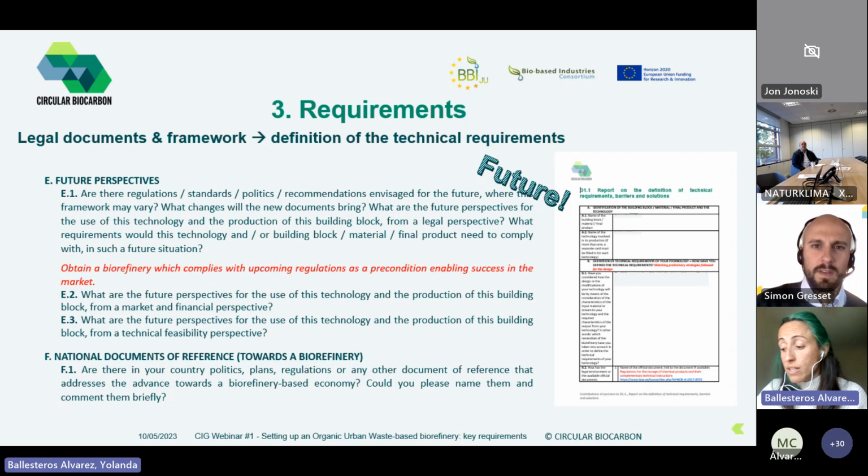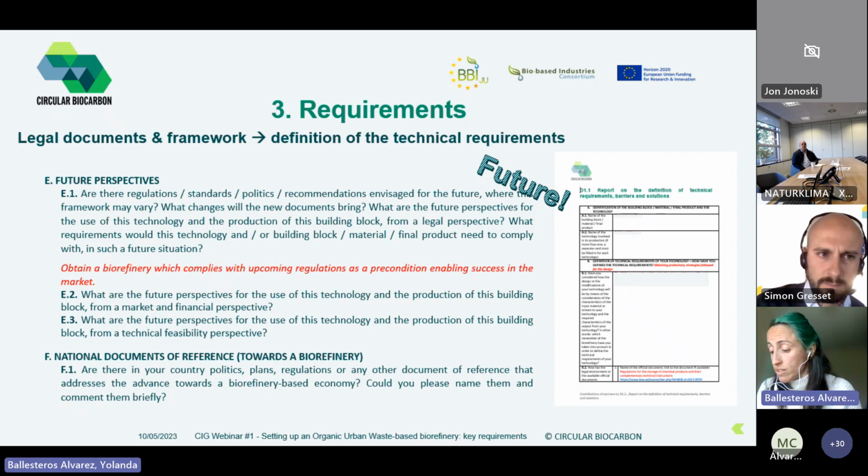It could be similar, a little different or much different, but in any case, not only the present framework, environment or conditions need to be considered, but also the future ones, in order to guarantee success and compliance with what is next. And finally, in category F, other national documents of reference are evaluated.